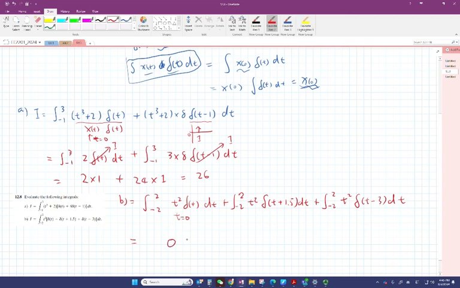So the first term is just 0. In the second term, we actually have t equal to -1.5, so that's the delta function location. You plug this in, so it's -1.5 squared.